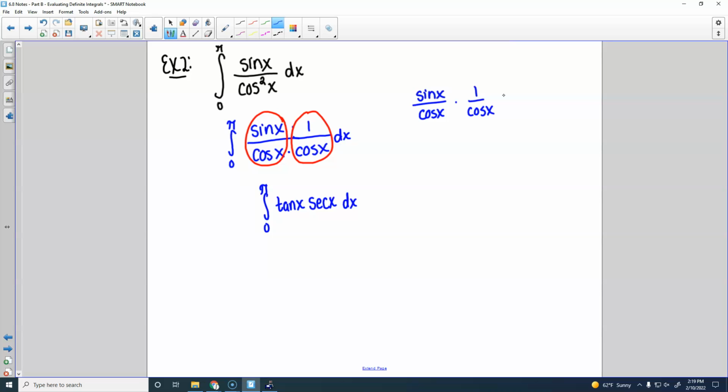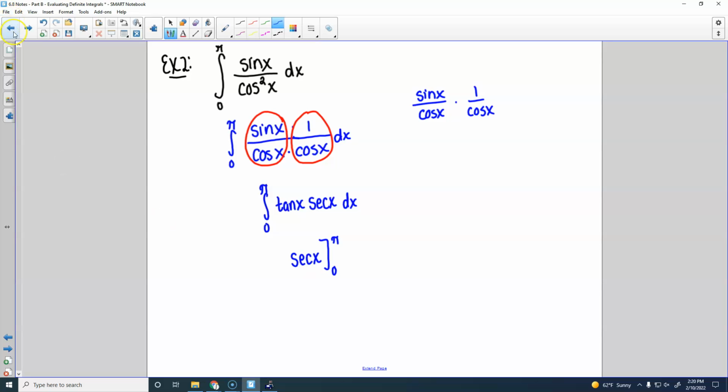Because if we take the derivative of secant x, we get tangent x secant x. So if we take the integral of tangent x secant x, we're going to get secant x. We're not done yet, because we have to plug these numbers in.